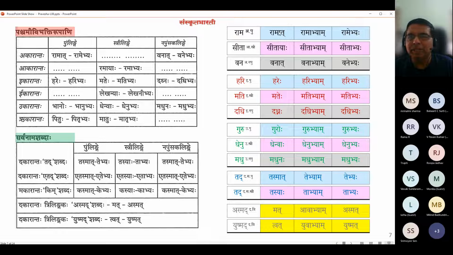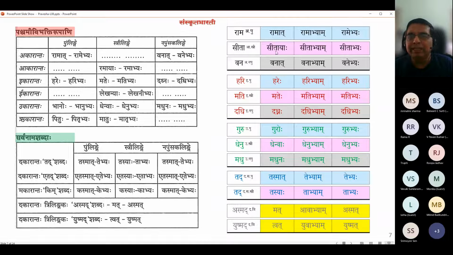Sometimes Prathama and Dvitiya track, like in Napumsakalinga, we have seen that. Bahuvachana also tends to have variations, but not as much as Prathama. Sometimes there are some overlaps in the third column, the Bahuvachana column, also. Something to remember.